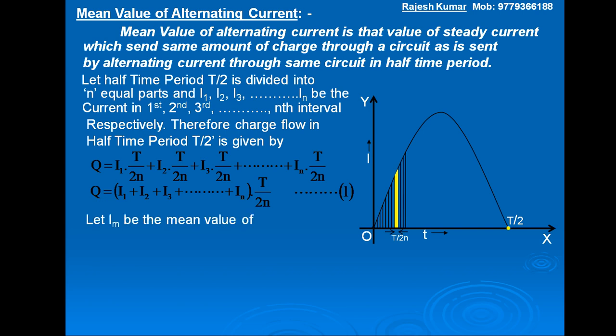Let Im be the mean value of alternating current over half time period.